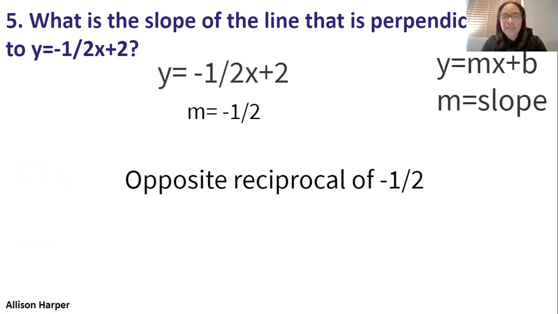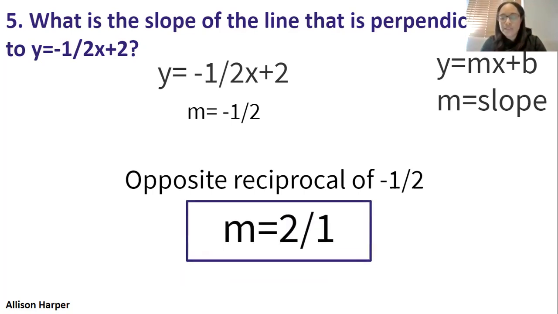And to find the slope of the perpendicular line, we have to find the opposite reciprocal of negative 1 over 2. So we're just going to flip our numbers and change our sign from a negative to a positive. So our slope for our new perpendicular line is going to be 2 over 1.